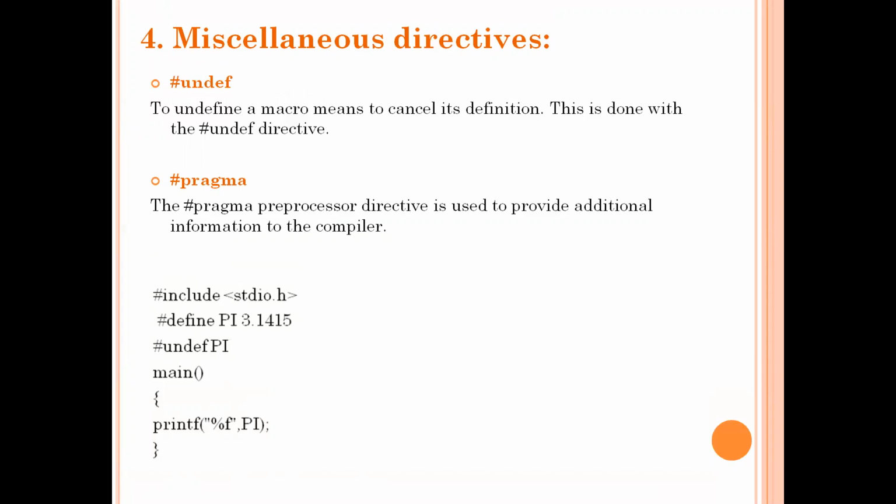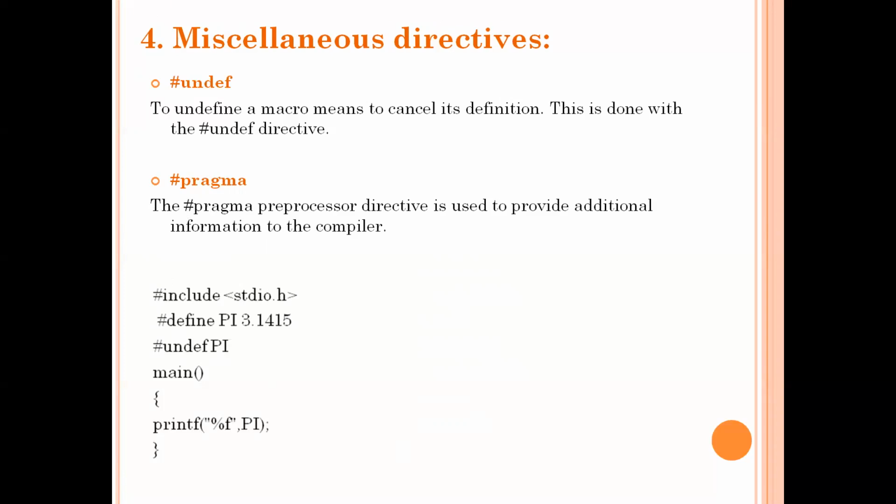If you want to give any instruction to the compiler, such as instead of executing this function, execute some other function, or stop this function and execute another function, then that can be supplied by using the #pragma directive.